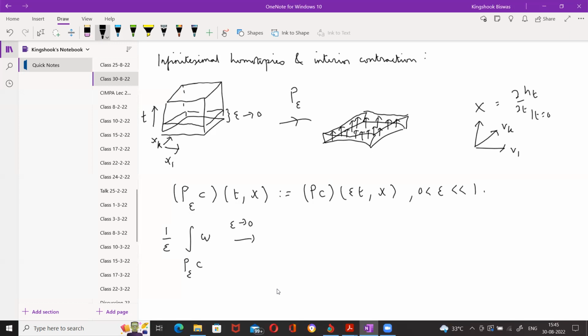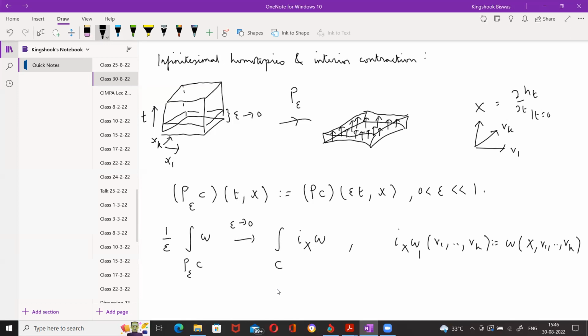So what should I get? Basically, I should get the integral over C of a form called the interior contraction Ix omega, where Ix omega of V1 to Vk is defined to be omega of x comma V1 to Vk.